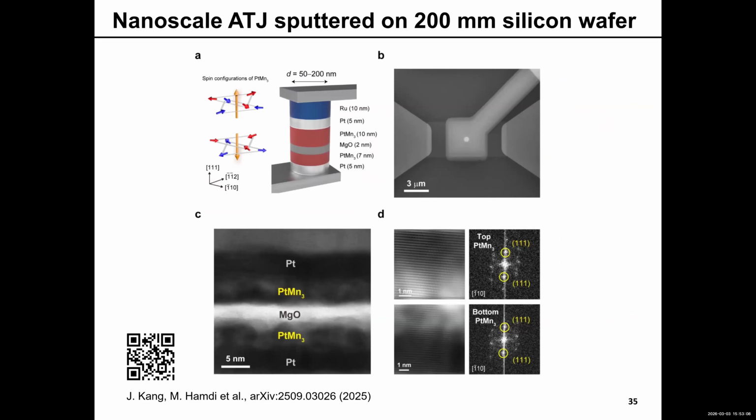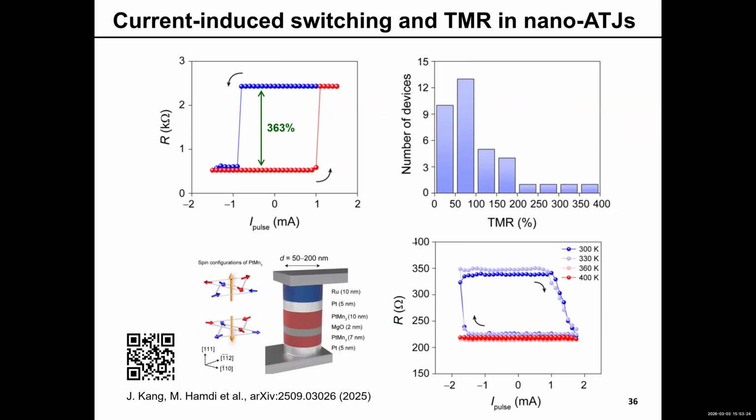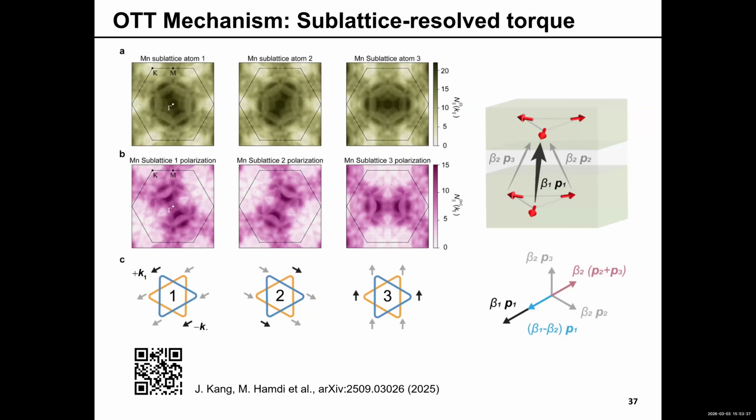These are some magnetic tunnel junctions actually produced on 200 millimeter wafers with some of our industry partners, where the materials are completely different from the magnetic tunnel junctions we use today. They have no net magnetization. They're completely immune to external magnetic fields. And yet, we see TMR ratios as high as 360%. We can switch these with current. And in fact, this led us to discover a fundamentally new current-induced torque in these antiferromagnetic systems that we call octopole-driven spin transfer torque, or OTT.